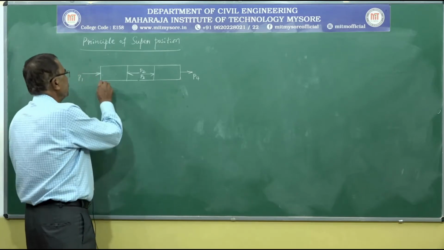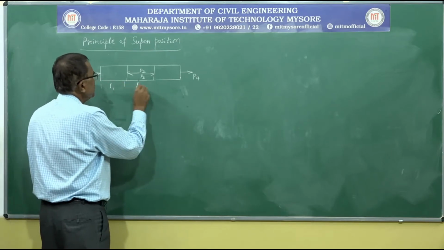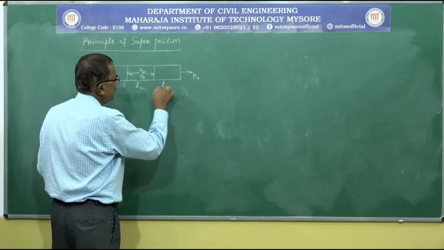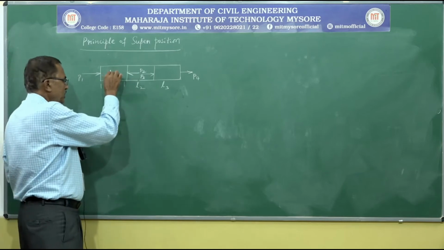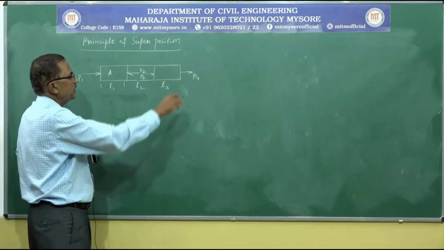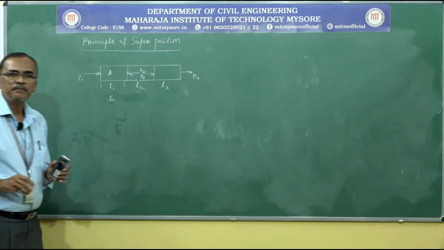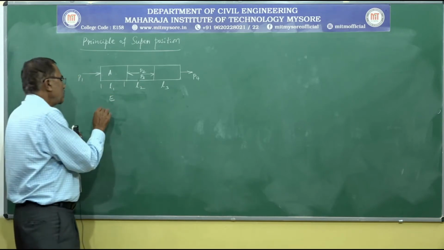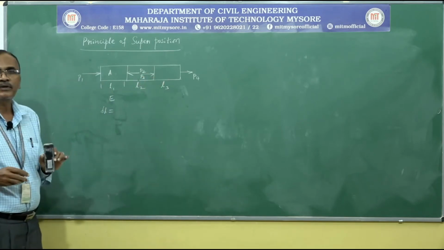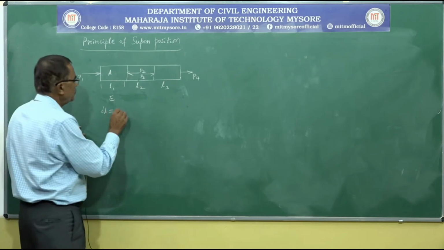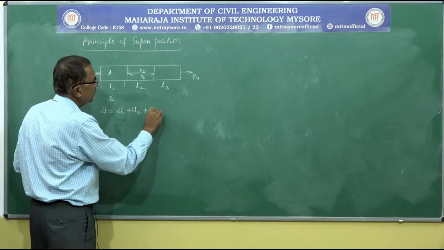If L1 is the length of the first portion, L2 is the length of the second portion, L3 is the length of the third portion, A is the uniform cross-sectional area, and E is the Young's modulus of the material, then the total strain caused by these individual forces is equal to delta L1 plus delta L2 plus delta L3.